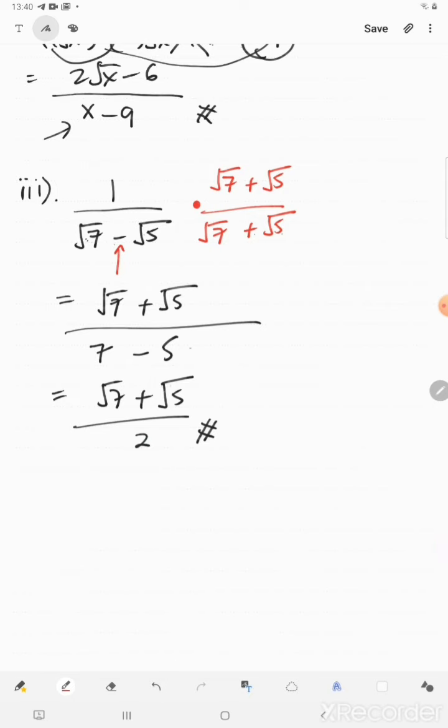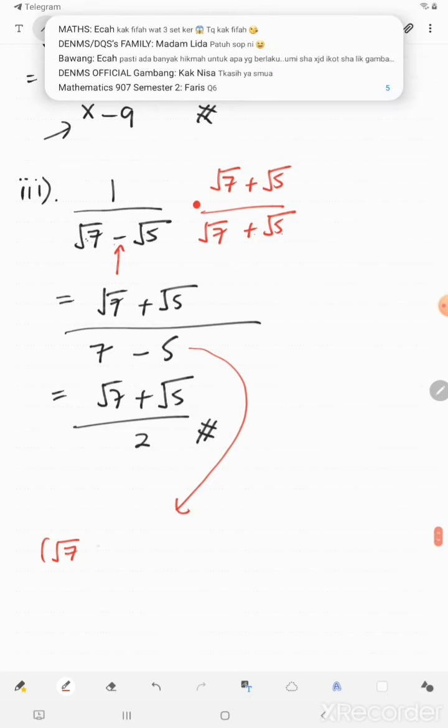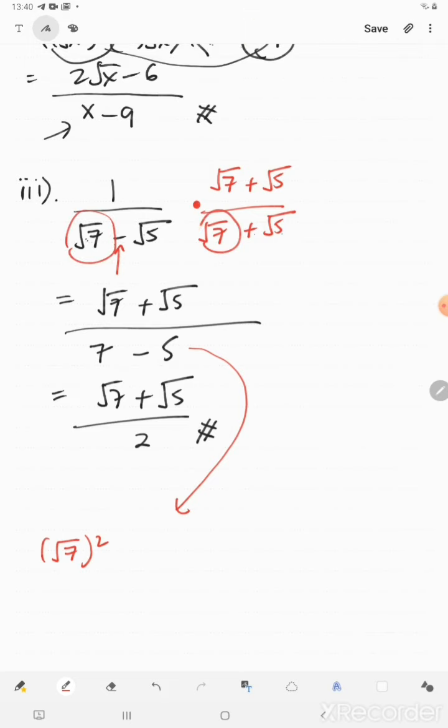Okay, Madam tunjuk yang ini macam mana dapat macam tu, sebab square root 7 square kan, ni Madam darab benda yang sama, and then ini darabkan dengan tu, Madam akan dapat dia tambah square root 7 square root 5 minus square root 5 multiply square root 7 and minus square root 5 square.